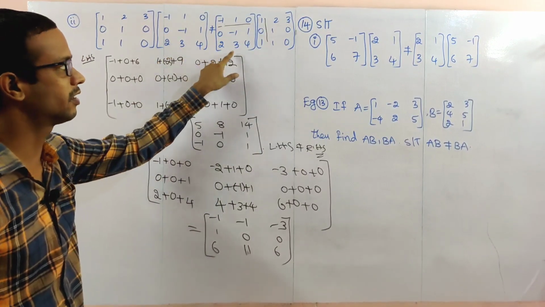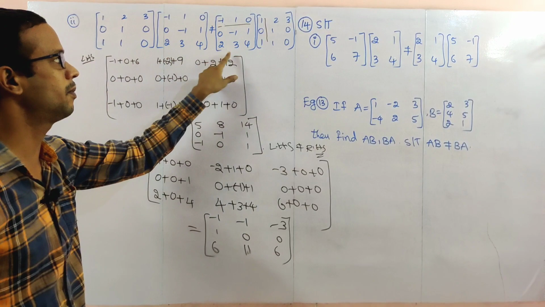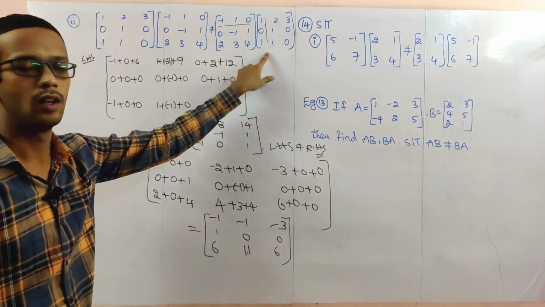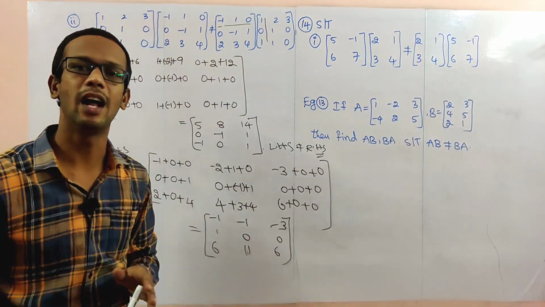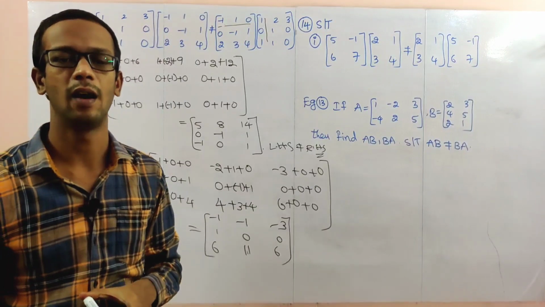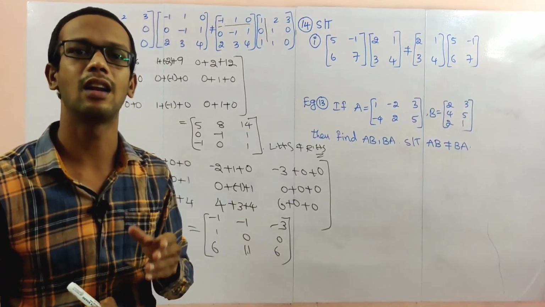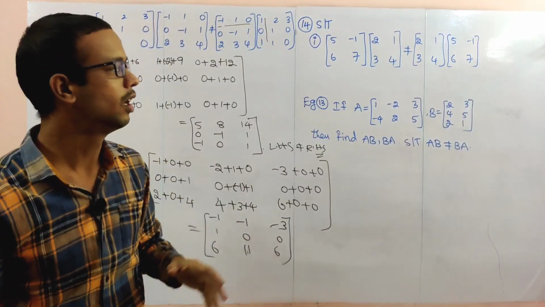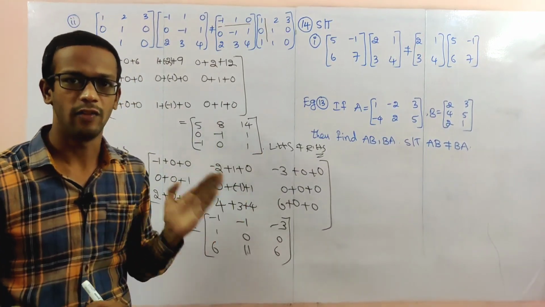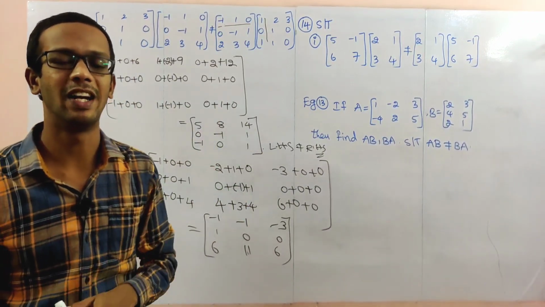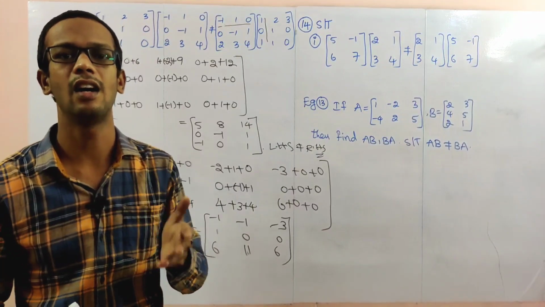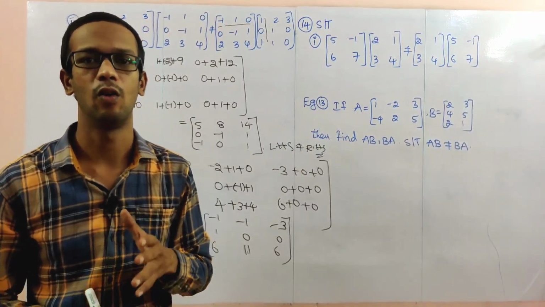You observe this one is the reverse, BA. This is AB, and this is BA. Both are not equal. AB not equal to BA. Compulsorily not there. Not commutative. So based upon this, we can say multiplication of matrices does not hold the commutative law.